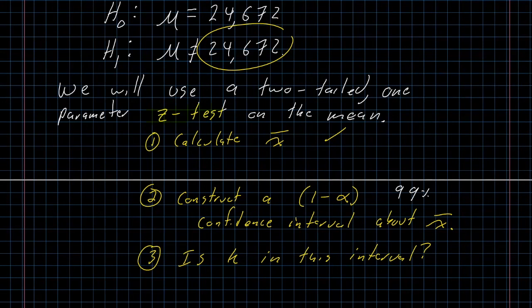If that number is not inside of our confidence interval, then with 99% confidence, we can say that the mean of this new population is not the same.